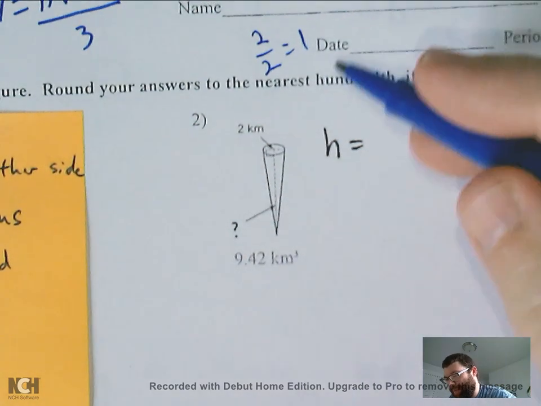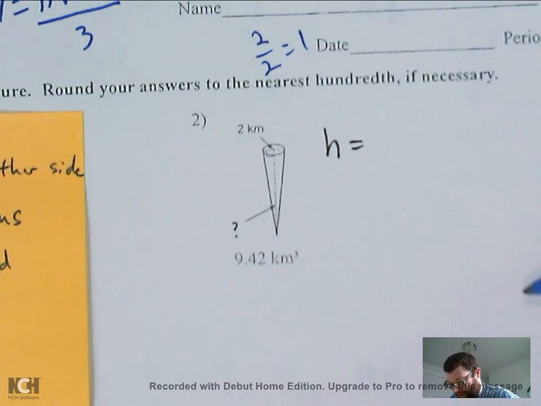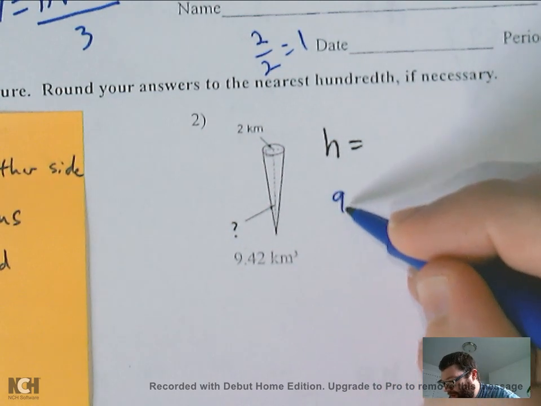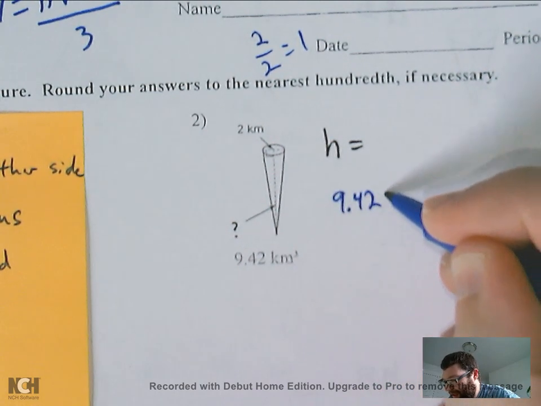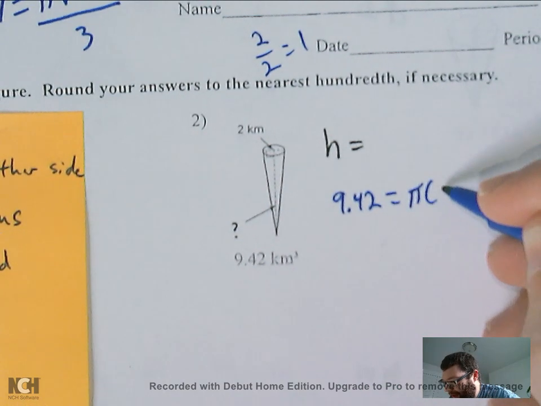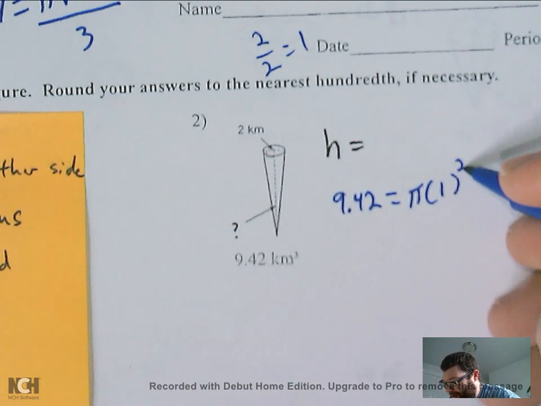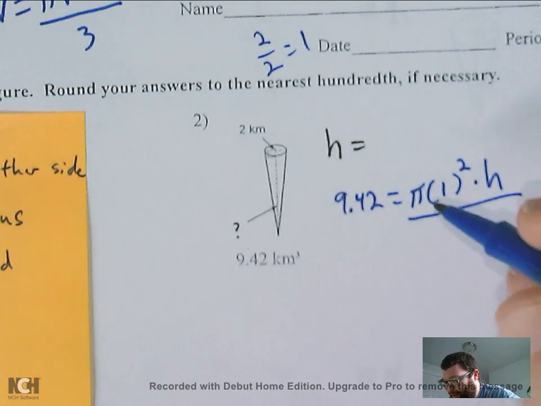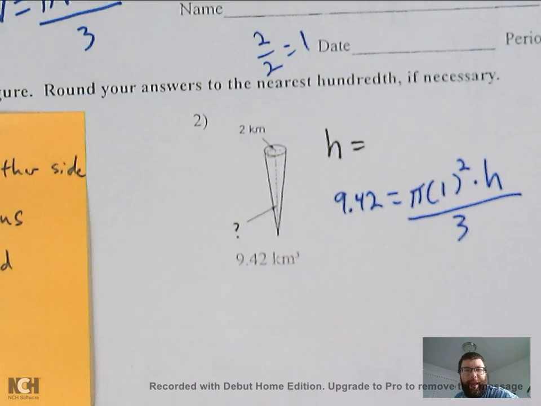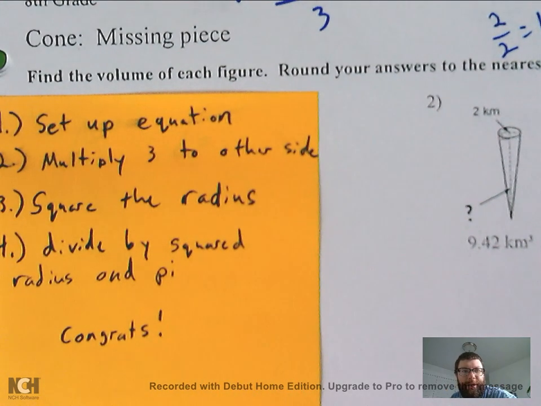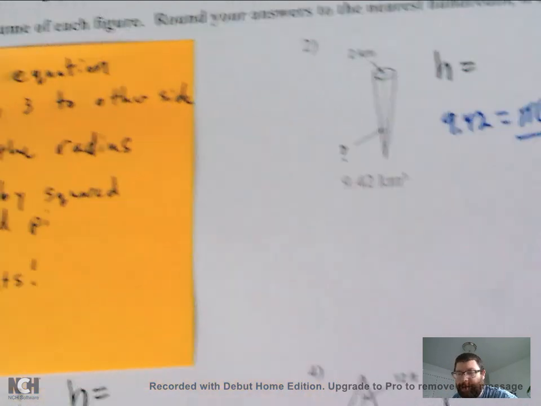So let's set up my formula here. The volume is 9.42, and that should equal pi times the radius squared times the height, all over 3.